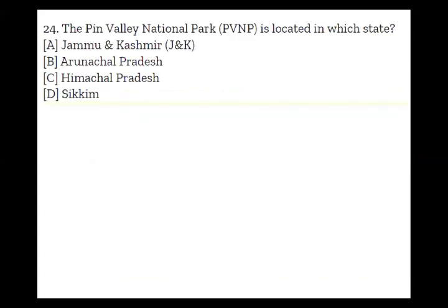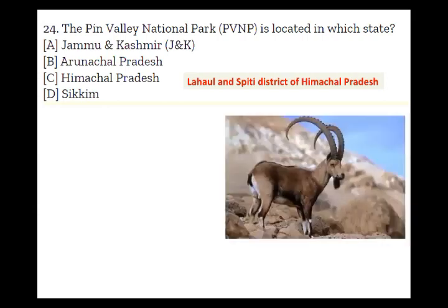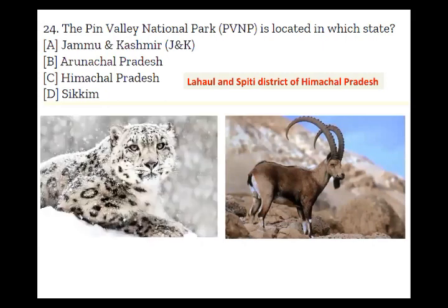The Pin Valley National Park is located in which state? Jammu and Kashmir, Arunachal Pradesh, Himachal Pradesh, or Sikkim? The answer is Himachal Pradesh, Lahul and Spiti district of Himachal Pradesh. There are some notable species you can find. One among them is the Siberian ibex, on the right side.